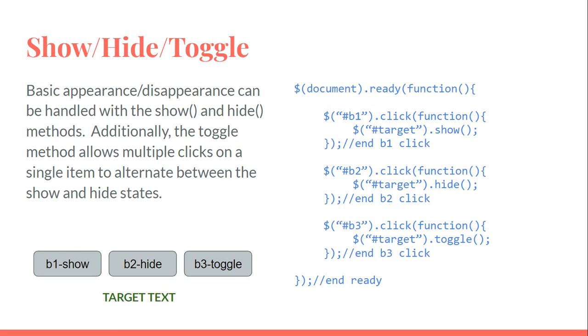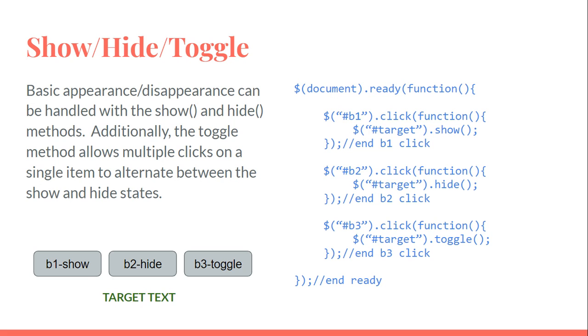One of the things you need to think about is how we're going to hide something from the start that we want to show later. We could, right up here in document.ready, do a hide function not inside of the click. But what you're going to get when you do that is kind of a flash of it. As the page loads, you're going to see it and then it's going to disappear.